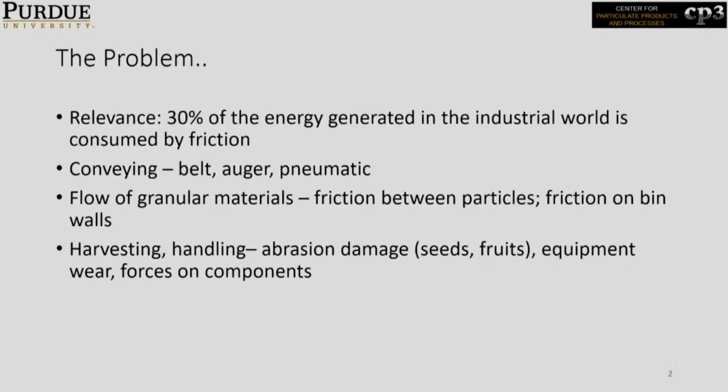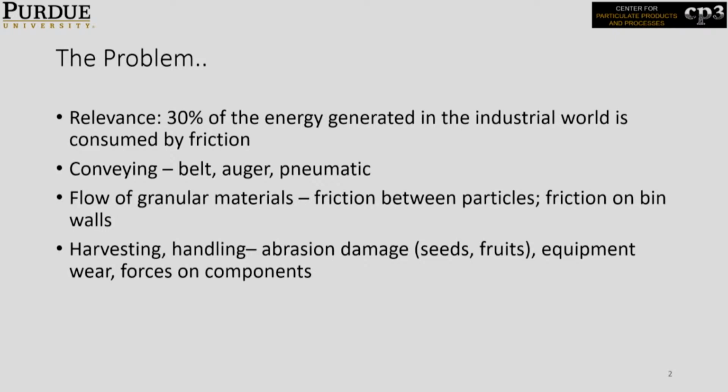Almost 30% of the energy that we spend to move anything, whether a car or bulk material handling, depends on the friction between surfaces. You can take any example: conveying belt, auger, pneumatic flow of materials. Almost everywhere, whenever we are moving something, friction will play a larger role.